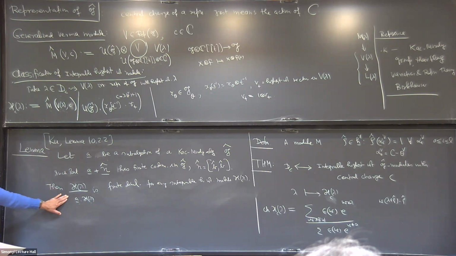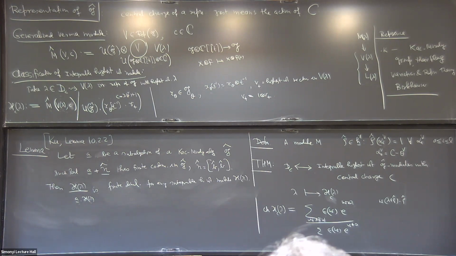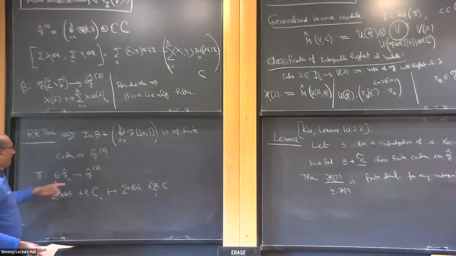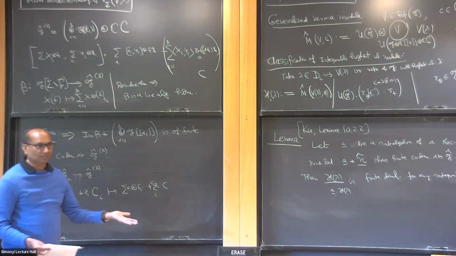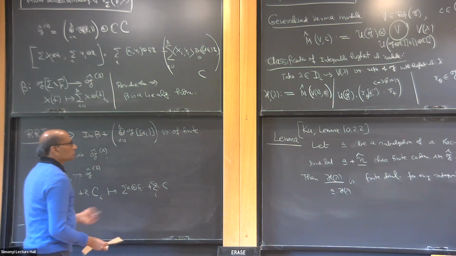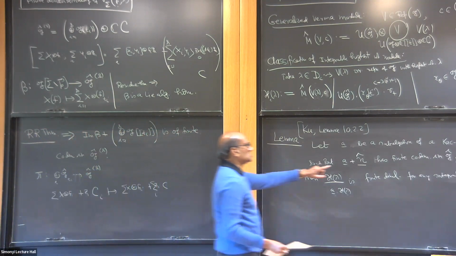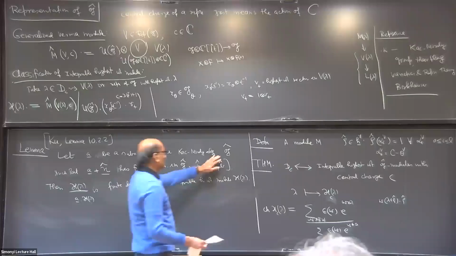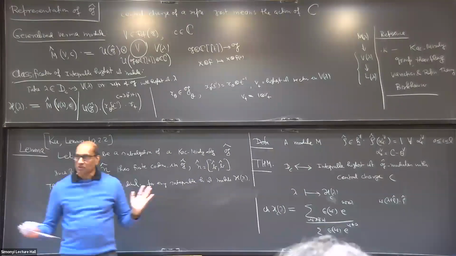Once we assume this lemma, the result follows, because I'll just apply it to this Lie algebra, and then the result follows immediately. Here I'm not assuming that G is simple. Semisimple is good enough for the result.